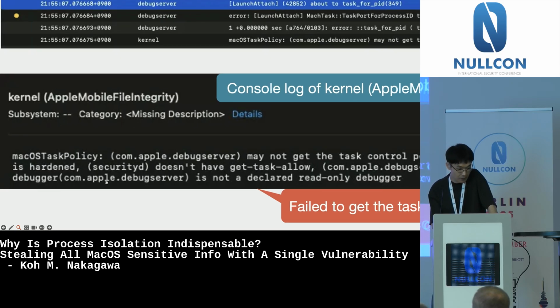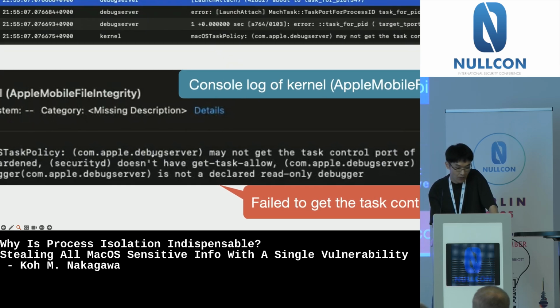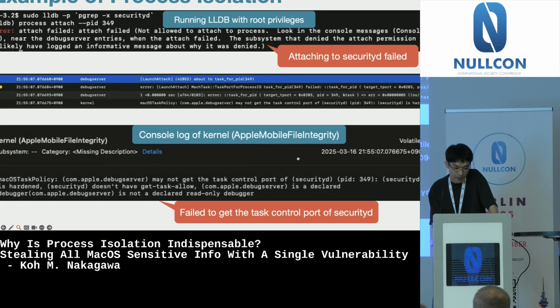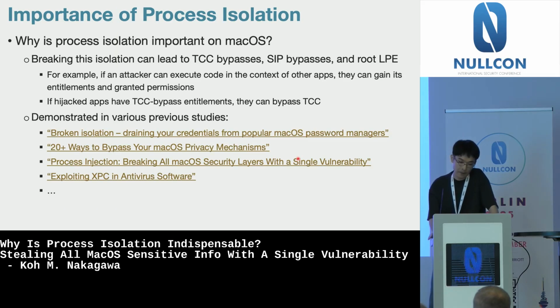As you can see here, the logs from Apple Mobile File Integrity say that Apple debugserver may not get the task control port of securityd. This clearly shows that even root processes cannot attach to other protected processes. This process isolation is crucial. It's a foundation for other macOS security and privacy mechanisms.